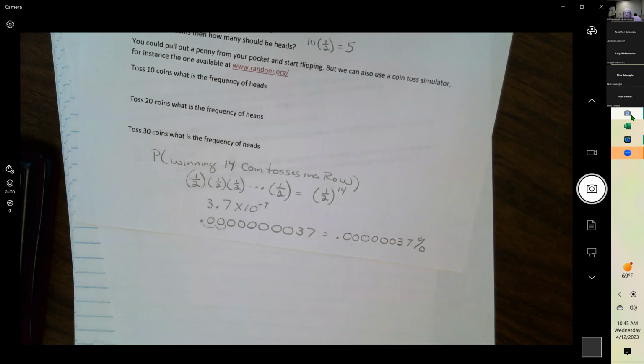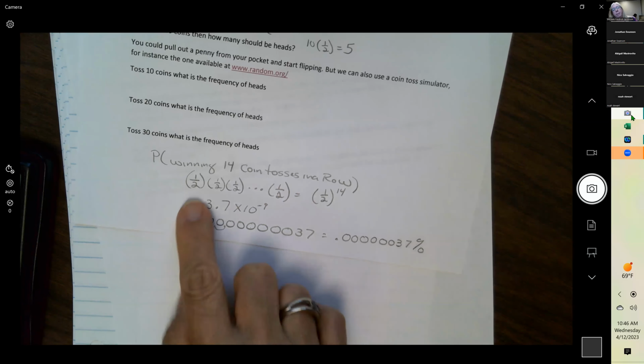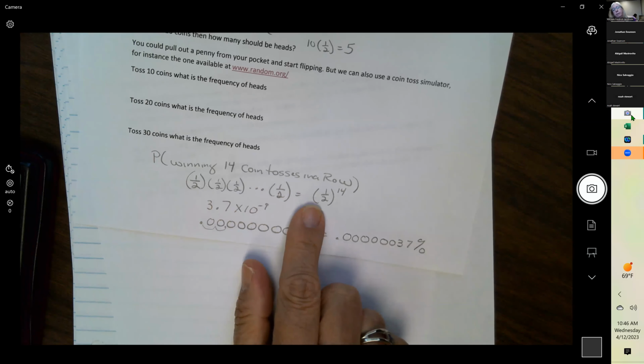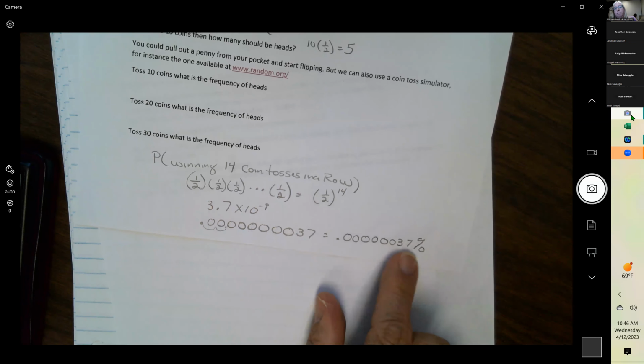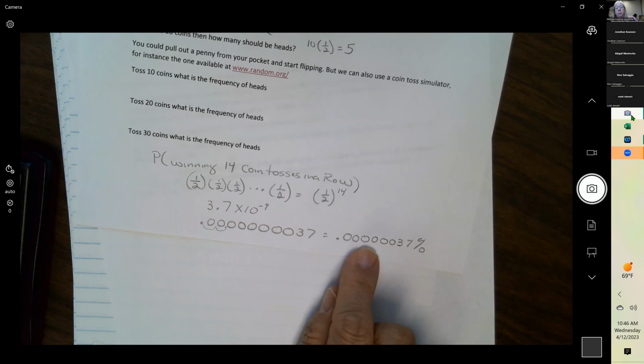And it was still a 50-50 chance that you would win your bet, because each time they toss, it's a 50% chance they will get it right. But to have that many right in a row, 14 of them, is really small.